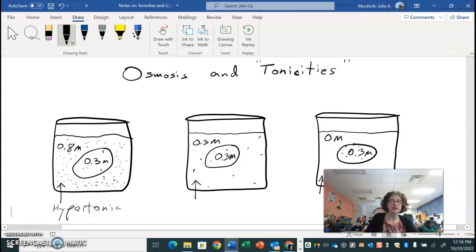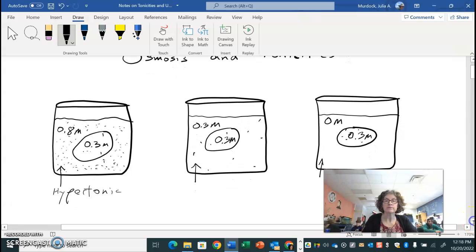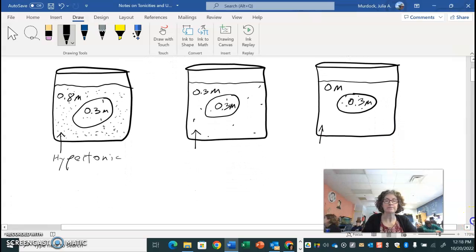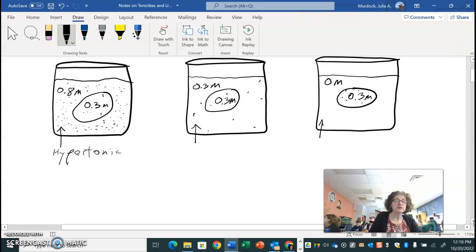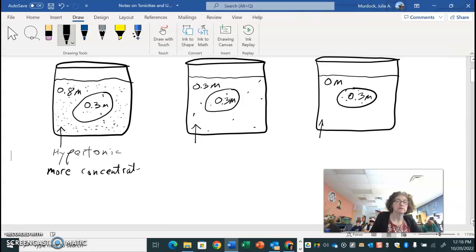And hypertonic, what hypertonic means, I'm going to bring this up a little bit. Hypertonic means more concentrated than the solution it's being compared to.